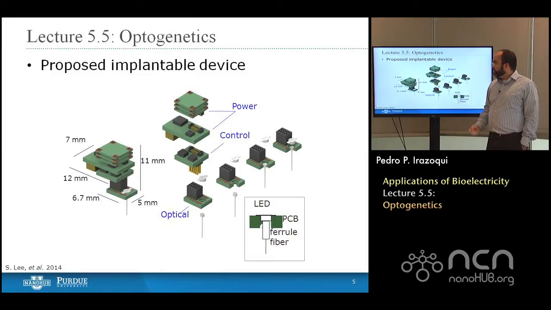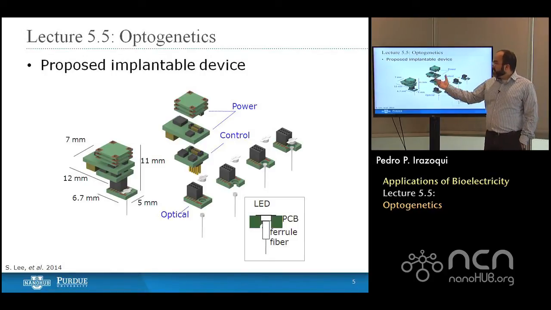That we add to a control plug, which includes a microcontroller and the associated drivers for the optics that we need, and that can all be plugged into an implanted device. The implanted device now sits inside the cranium, in a hole that you dig out, and in that hole you place the ferrule, which contains an optical fiber, and it's surface mounted to the top of the cranium on which the rest of this device sits.